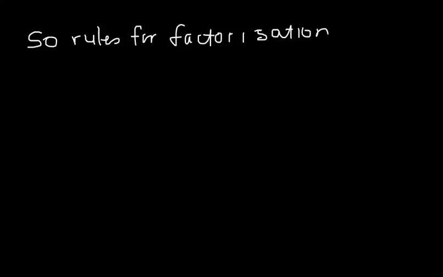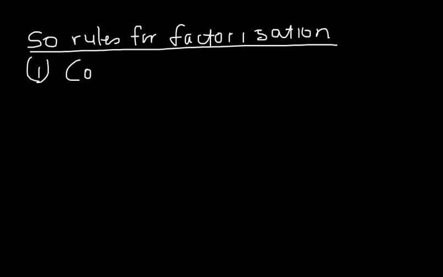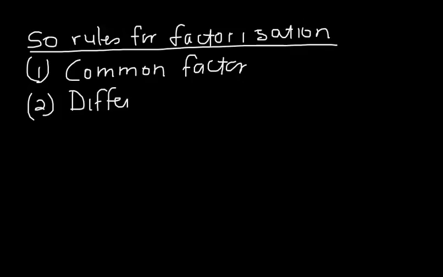So the rules for factorization. You always try first to take out a common factor. Then, if it's 2 terms, it may be difference of squares.